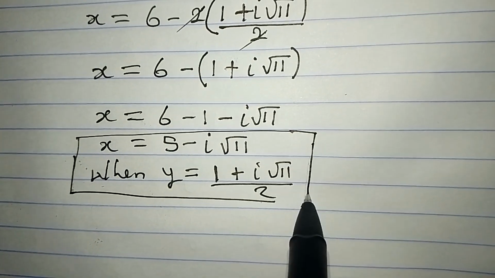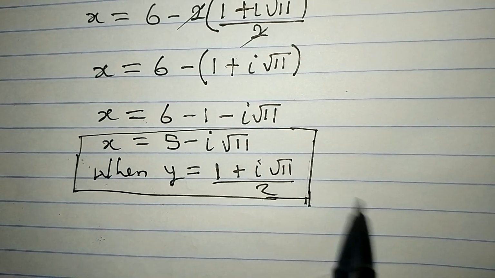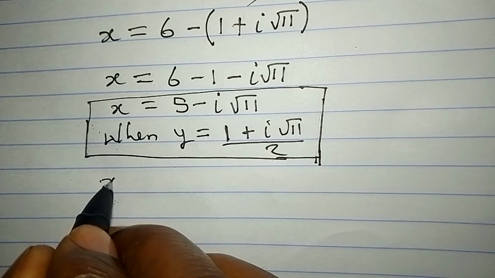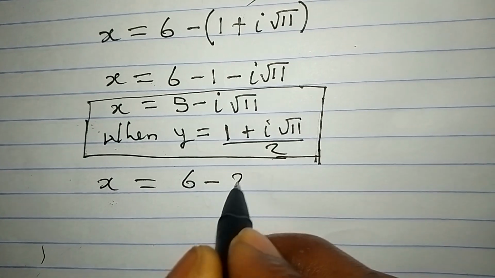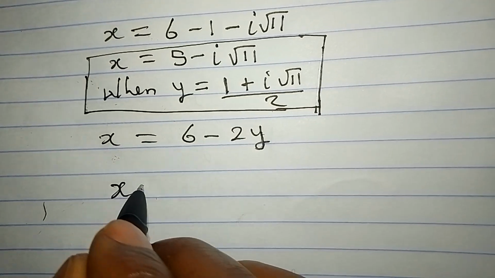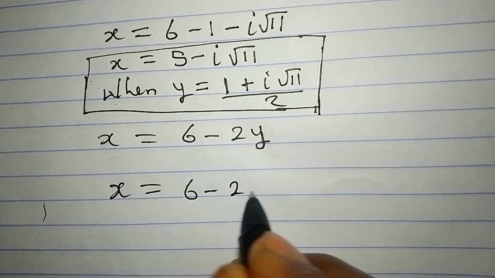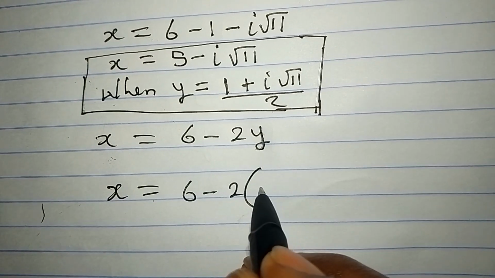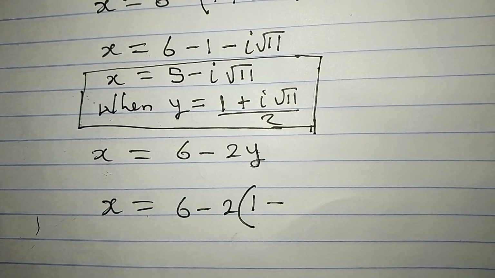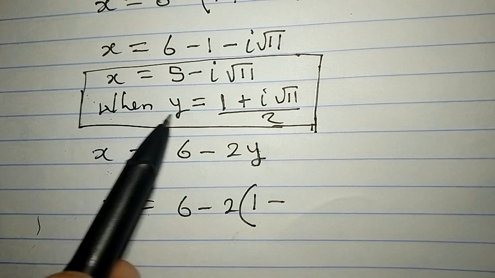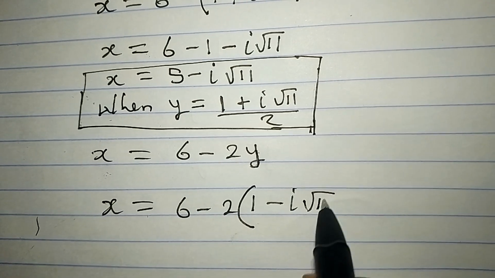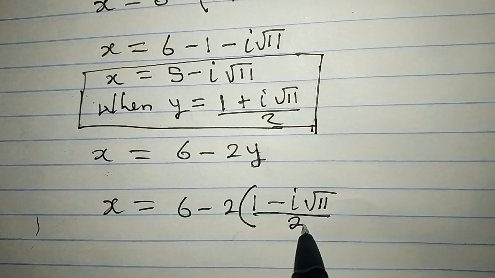Now let's go ahead to get the other value of x and y. Remember we still have x equal to 6 minus 2y. Now our x is equal to 6 minus 2 into bracket, y is now 1 minus, remember we used positive before, now we're using negative, I root 11, and the whole of this is over 2.